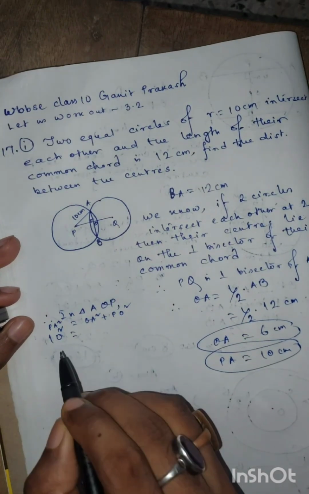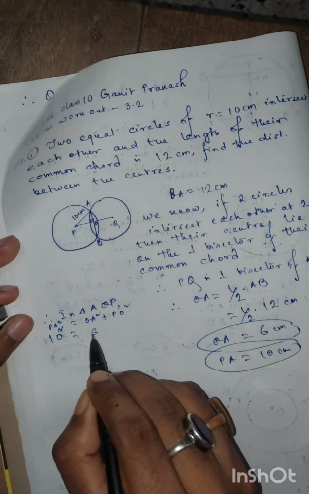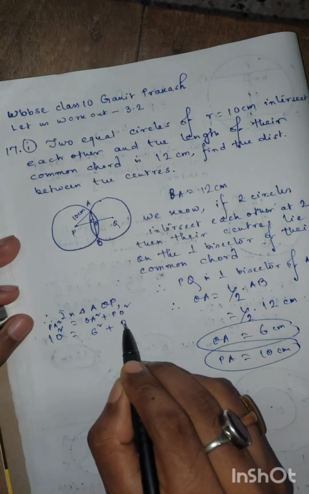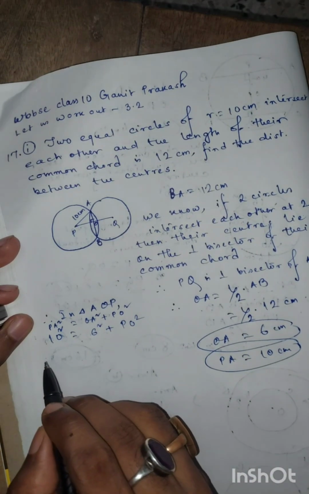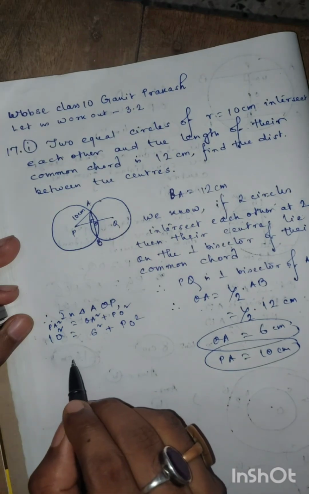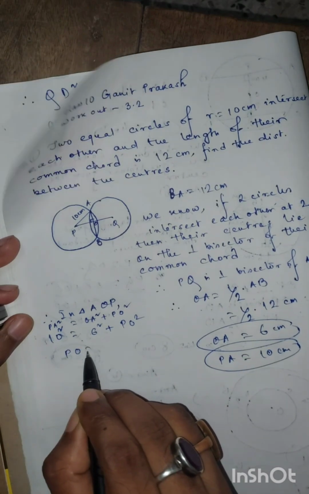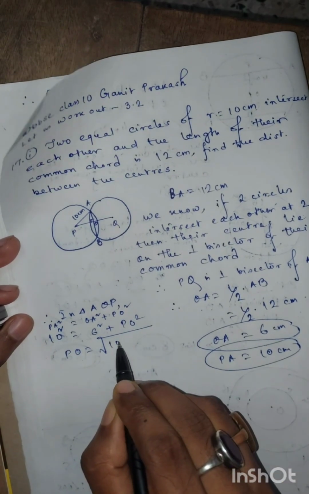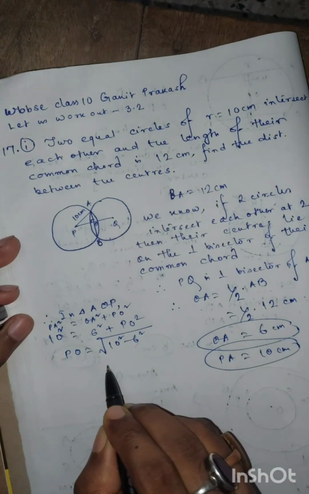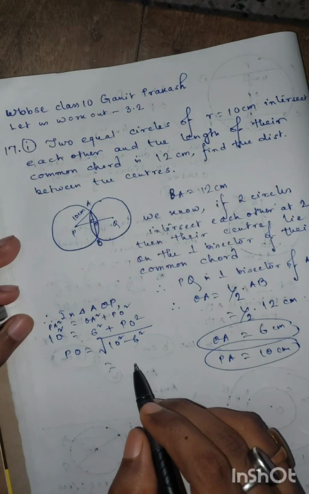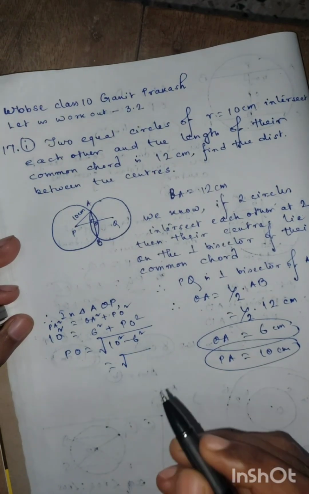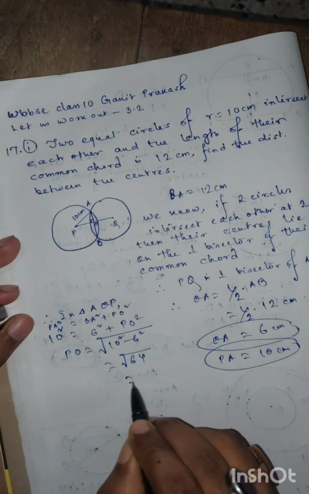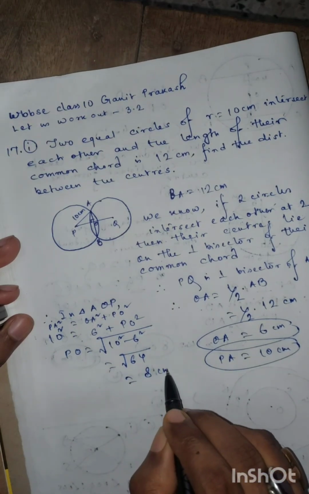So 10 square is equal to 6 square plus PO square. So PO is equal to 8 centimeters.